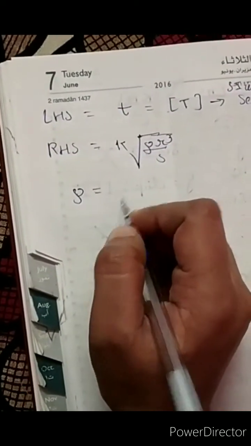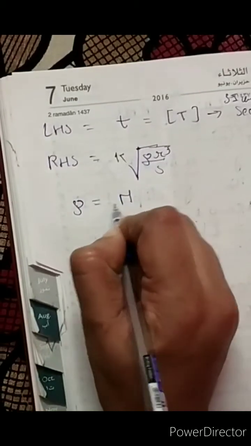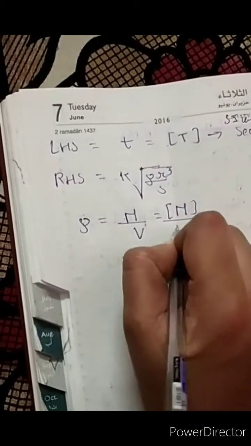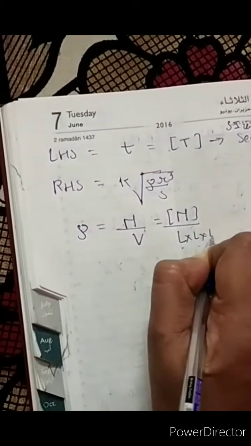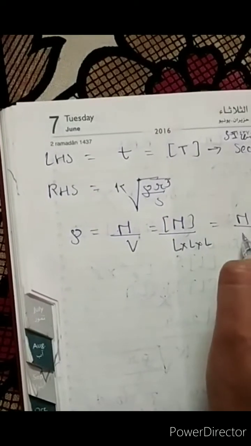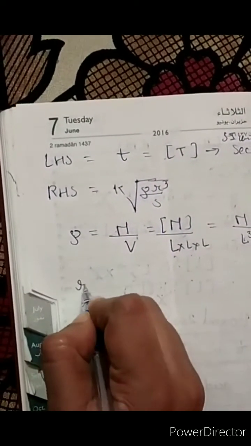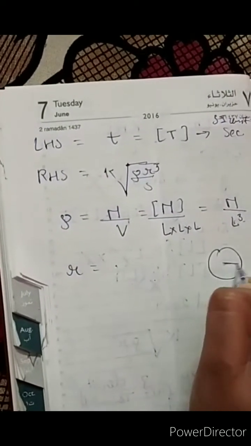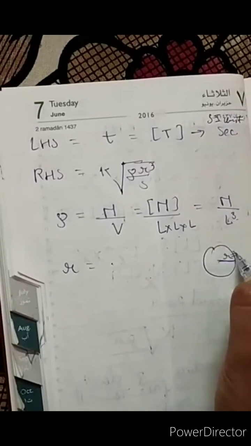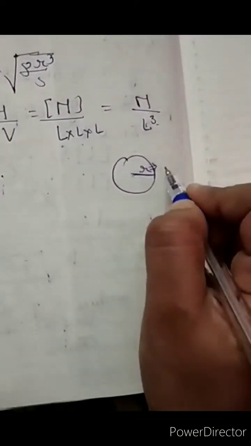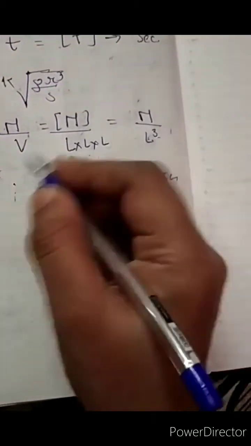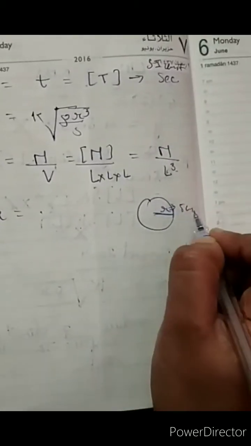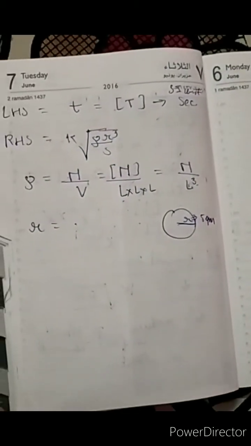Check for density rho. What is density? Density is mass upon volume. Mass is denoted by M. Volume has dimensions L into L into L, so M upon L cube. What is R? R is radius. Suppose it's a circle. Circle has radius R. If your teacher said draw a circle of radius 5 centimeter, since we are talking about SI unit, it should be in meter.